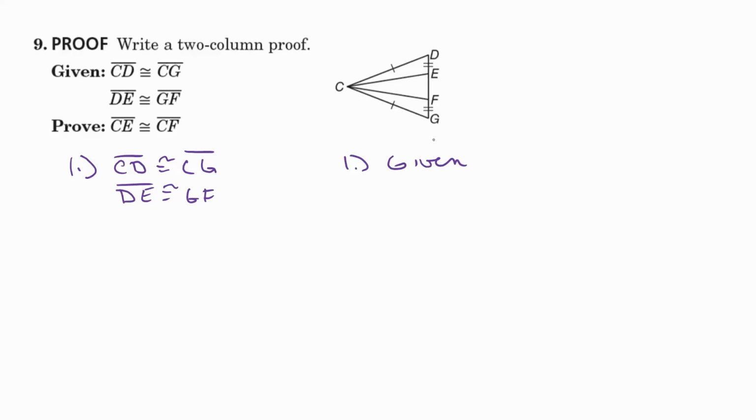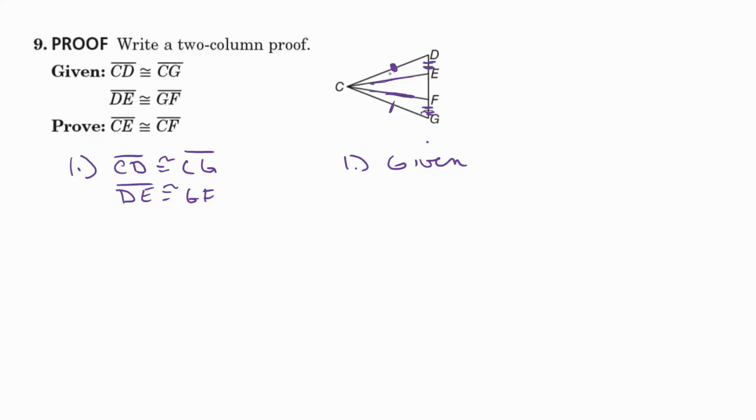So our given was that CD right here is congruent to CG. We're given that DE is congruent to FG. And we want to end up proving that CE, this one right here, equals CF.